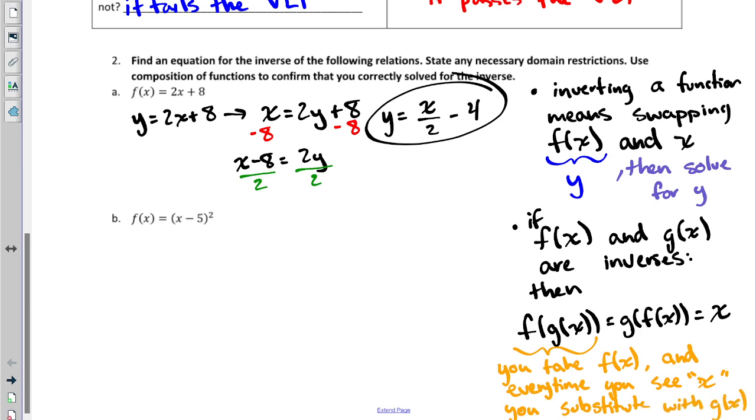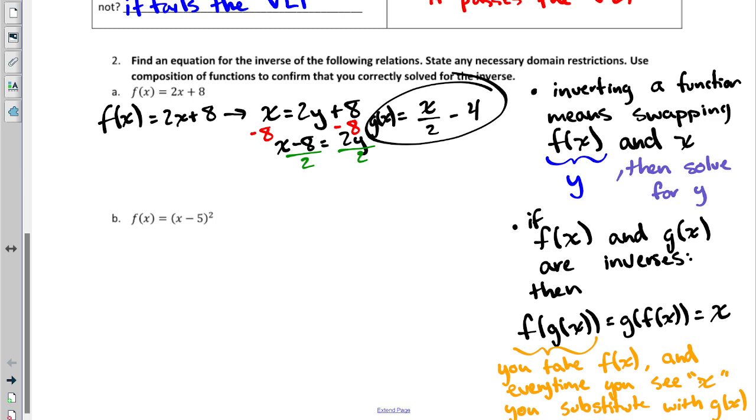So what does that mean? Let's go back to here. Both of these are called y right now. Let's call one of them f of x and one of them g of x. I'm going to move this stuff up a little to give myself some more room. I'll swap back x and y and call this one f of x, my original function, and my inverse function I'll call g of x.